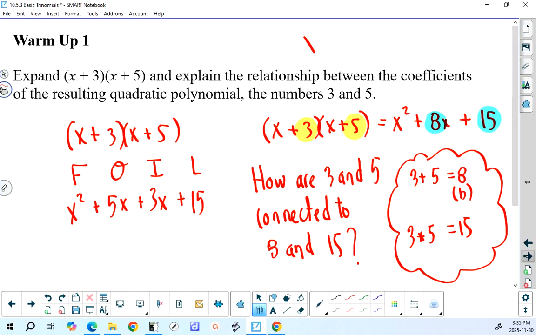When we write x squared plus bx plus c, b is always the number in front of x. So when we add those two numbers in the factored form, 3 and 5, we get the number in front of x. And when we multiply those two numbers, we get the constant term, which is c. When you look up top here, c is the constant term. It's the number by itself.